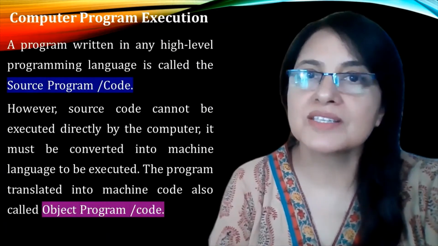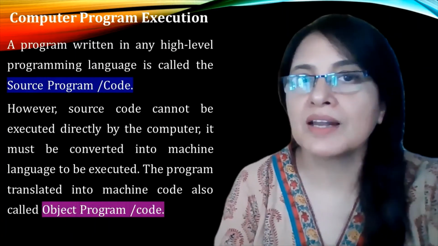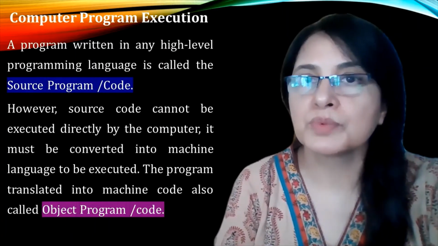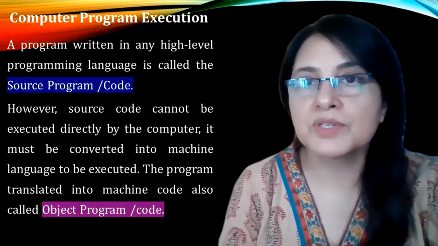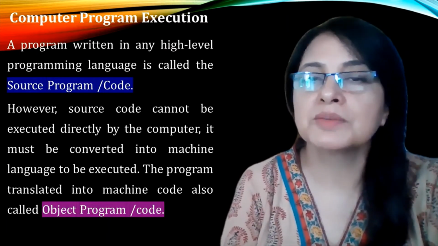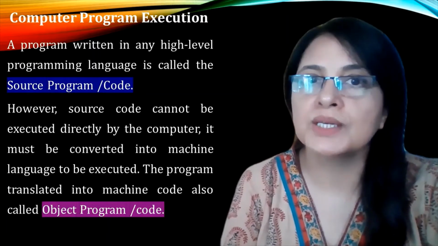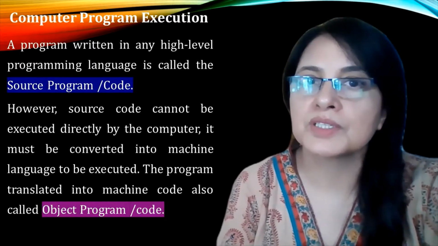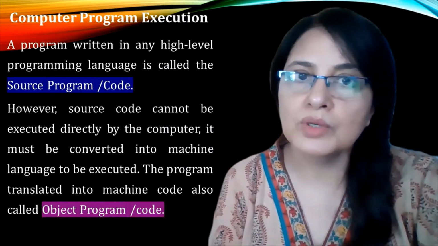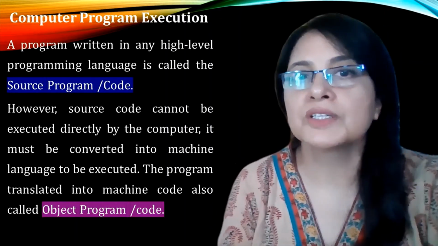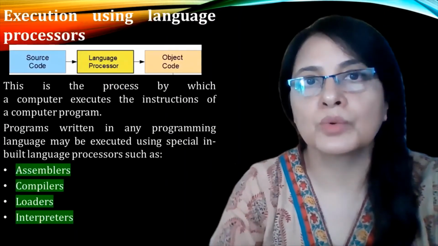A program written in any high-level programming language is called the source program or source code. However, this cannot be executed directly by the computer. It must be converted into machine language to be executed. So the program is translated into machine code, which is called the object program or object code.